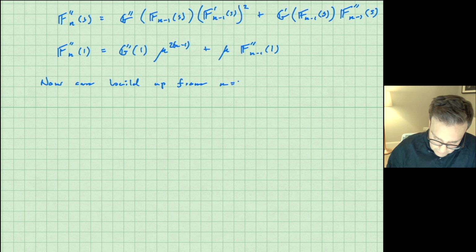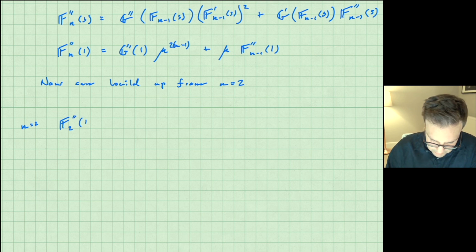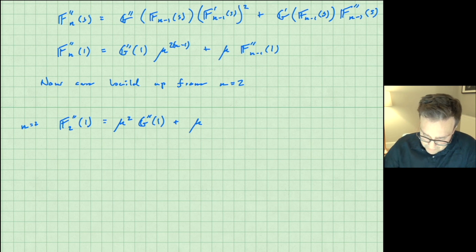From n equals 2, look for a pattern. All right, so for the n equals 2 case, f_2 double prime of 1 is equal to g double prime of 1 times mu squared, plus mu times, okay, so if n is equal to 2, that's f_1 double prime, and that's g double prime.